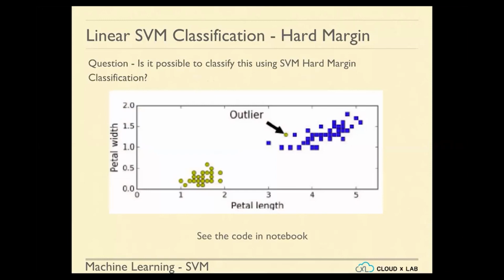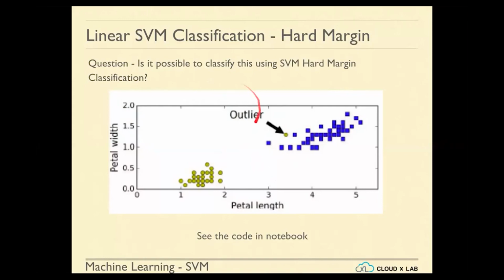Okay, so is it possible to use SVM hard margin classification? Can we put a hard margin in this kind of data? No, right?